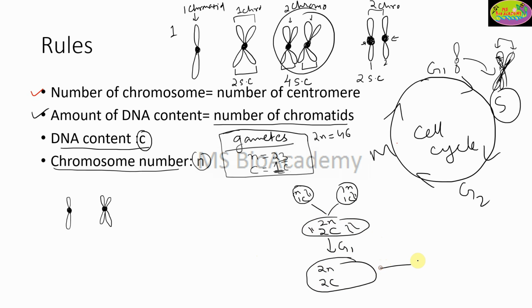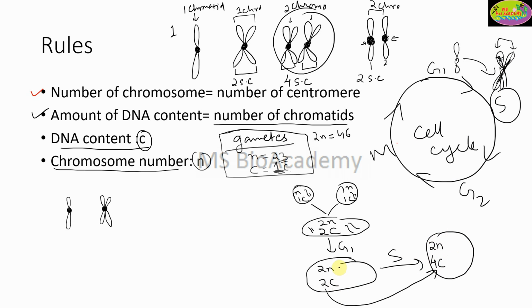But what about the S phase? In the S phase, as I have told you, DNA replication takes place, so the chromosome number will remain the same, 2N only, but since the DNA gets replicated, the DNA content will go from 2C and be duplicated to 4C.